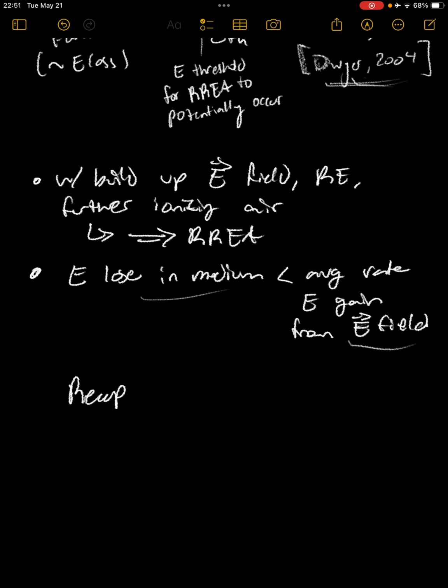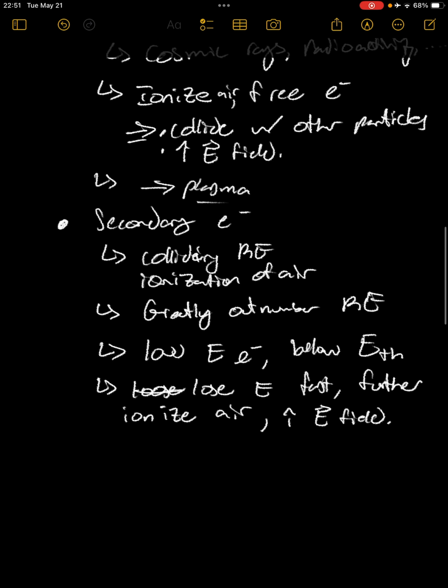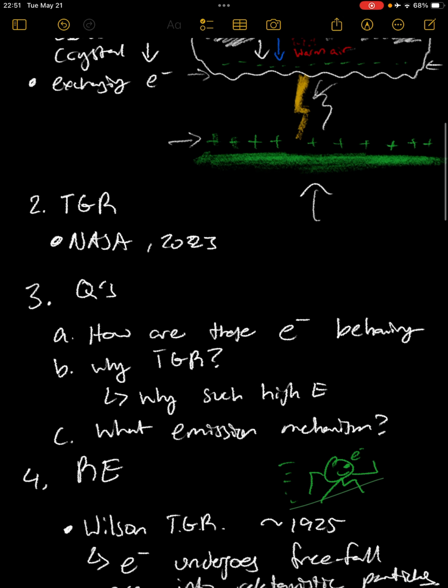We also know a bit more about terrestrial gamma radiation. These electrons are becoming relativistic, very high energy, and as we know, as charges accelerate, they release electromagnetic radiation, and this is what's causing the gamma radiation when you have such a high amount.